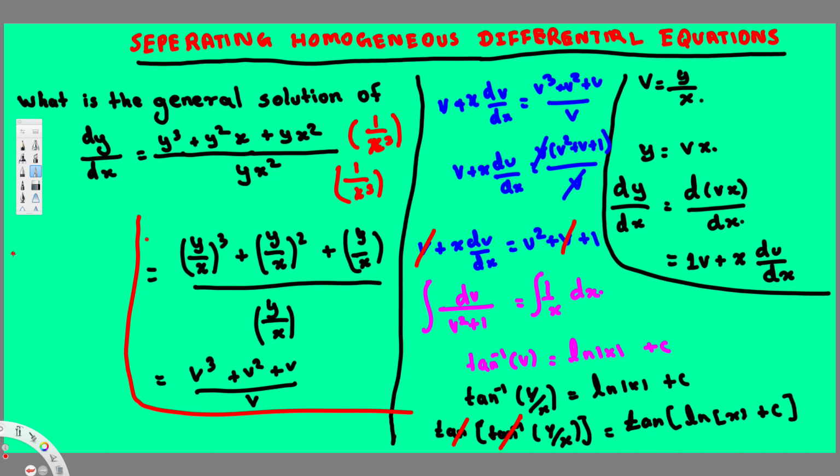So y over x is going to be equal to tan of ln of x plus constant. Therefore y is going to be equal to x tan of ln of x plus constant, and that's going to be the general solution for this differential equation.